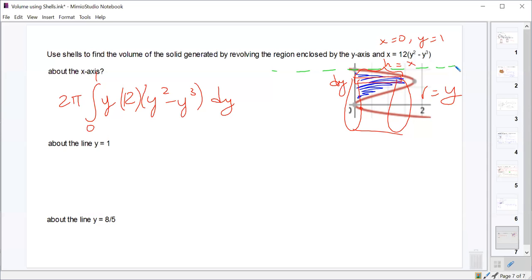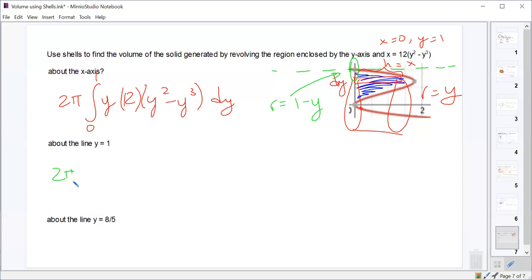What would our radius be? Now our radius looks like this, right? So our radius would be, almost. Yeah, flip them around. 1 minus y. Right? 1 for the full thing minus the y that we've got. So our radius would change to 1 minus y.